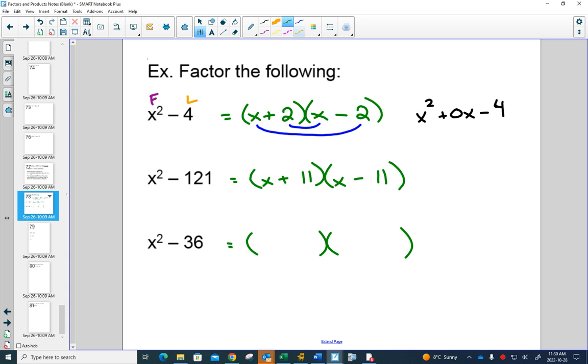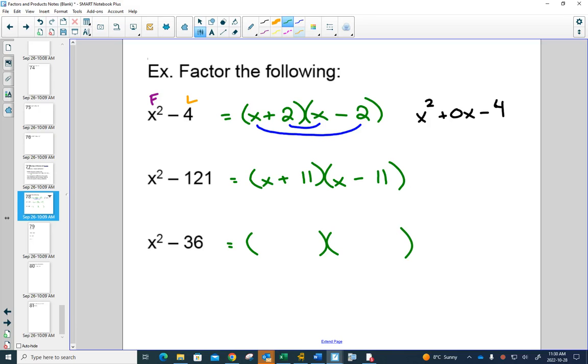So technically, we are factoring trinomials just like before, but the 0 is there. And we don't really call it a trinomial with a 0 there, because a trinomial means 3 terms, and technically we only have 2 terms.